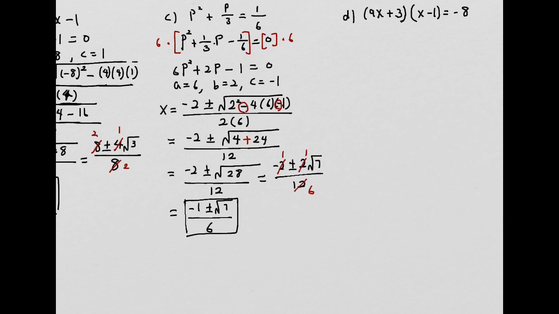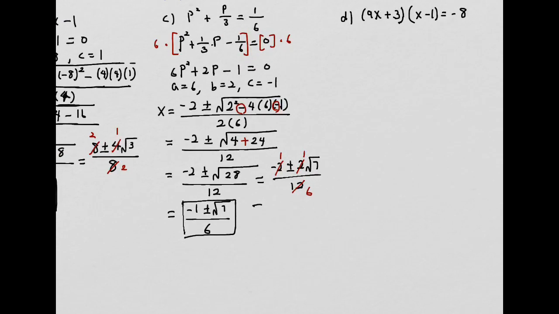And don't forget, on MyMathLab, they may ask you to write it as two different solutions. So you can do negative 1, one with the negative, and one with the positive.